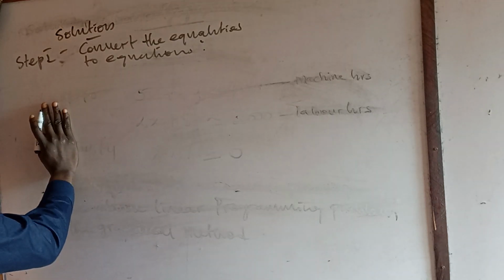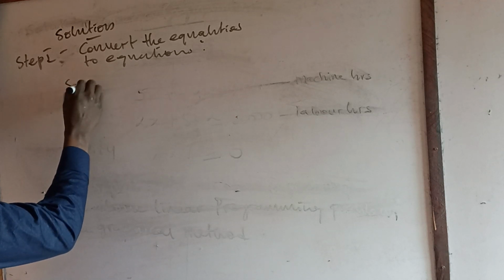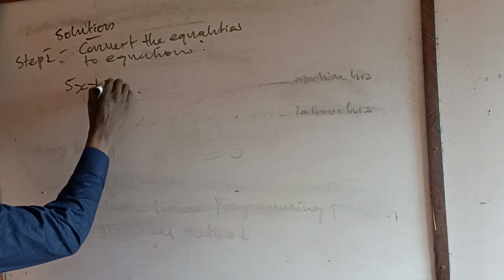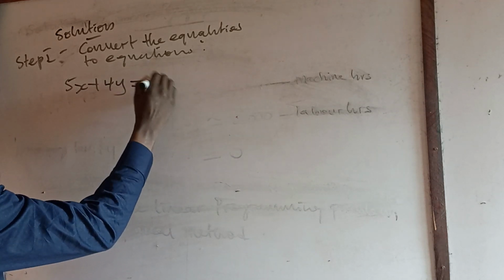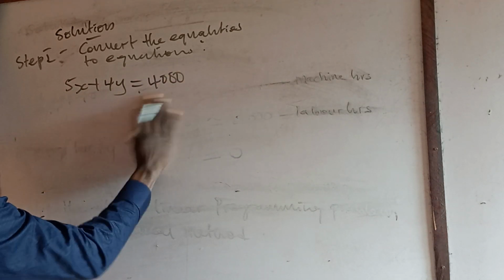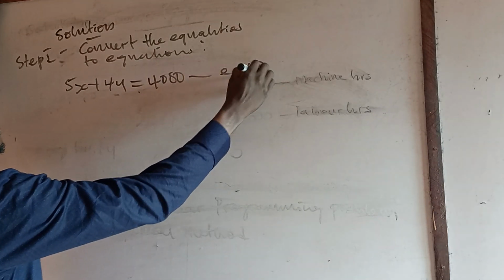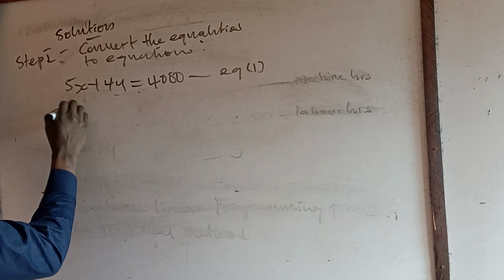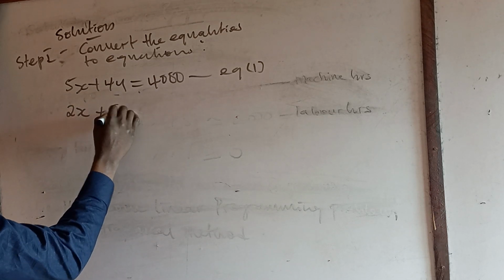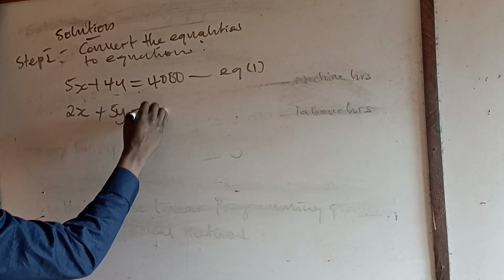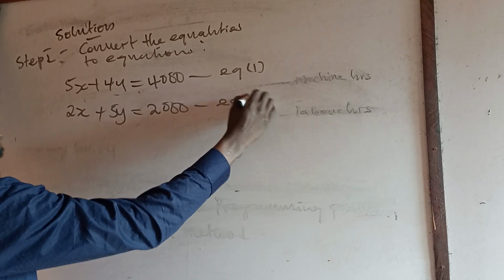So we have the first equation to be 5x plus 4y equals 4,000, equation 1. And the second equation is 2x plus 5y equals 2,000, equation 2.